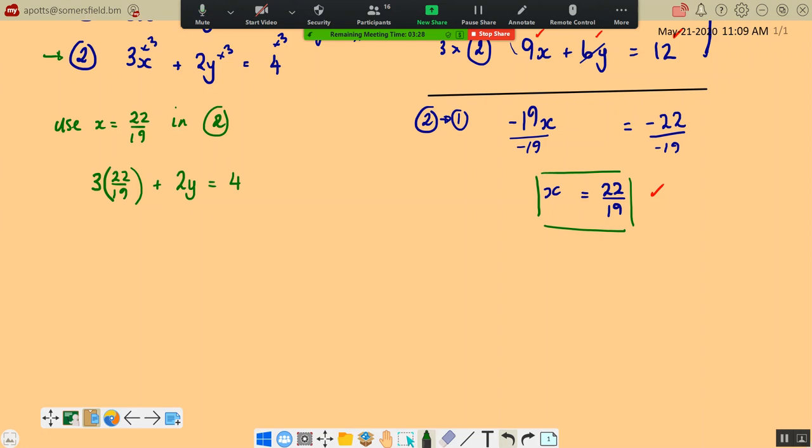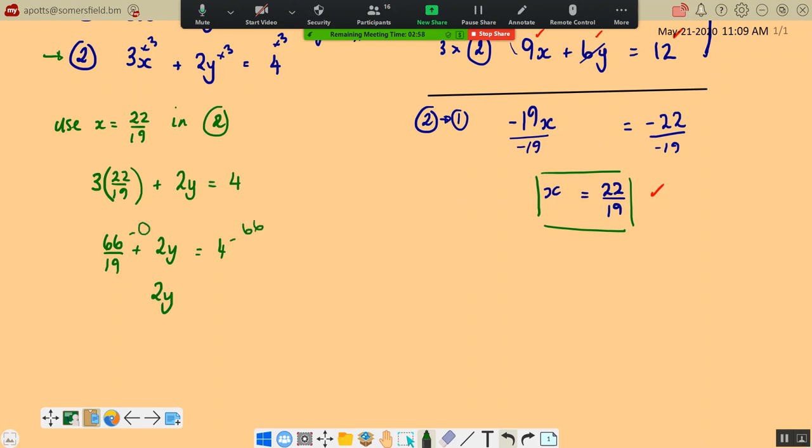So what is 3 lots of 22 19ths? 66 19ths. How do I, well, let's just do plus 2y is equal to 4. What do I do now? Minus 66 19ths. Yeah, let's subtract that, okay, over here.